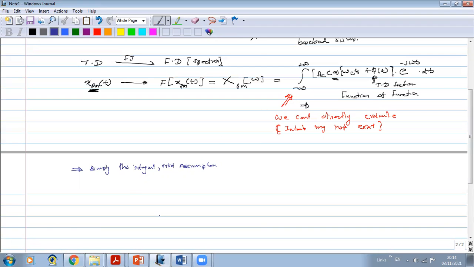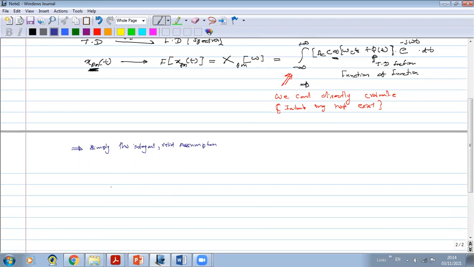So I think you already know that here we are making a very popular assumption, that is the narrowband assumption.